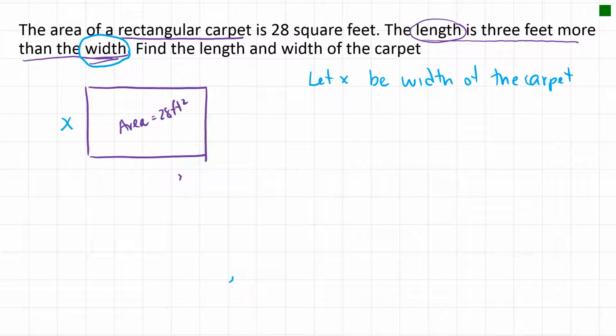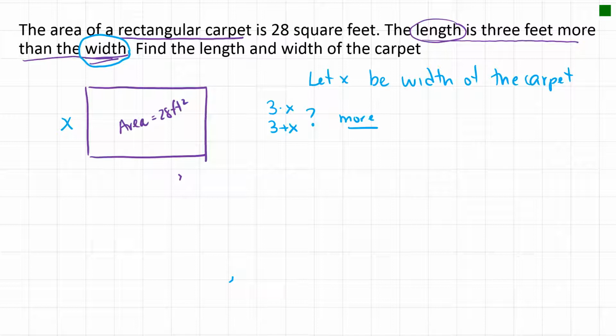Now the length is 3 feet more. So does that mean 3 times x or 3 plus x? Well, more. Let's think about that. If I tell you that you are going to make $3 more by babysitting an extra hour, so 3 more would mean that you're adding.